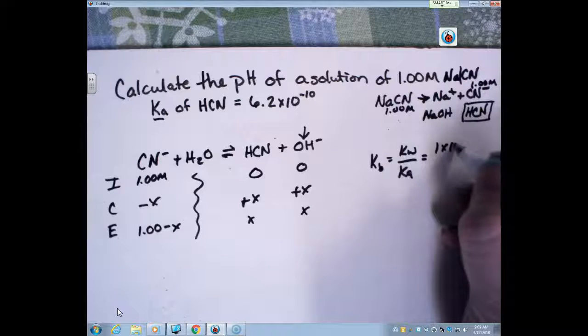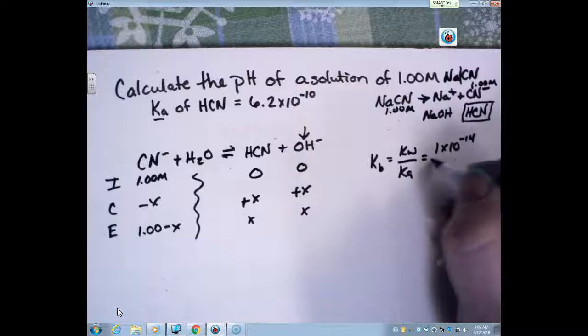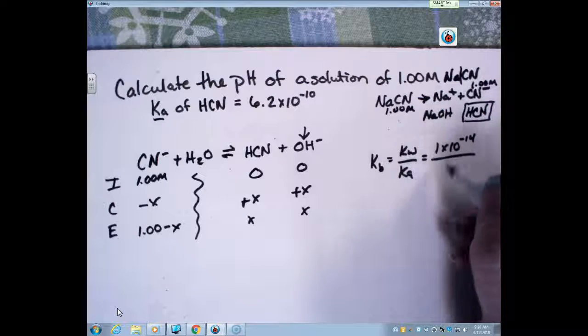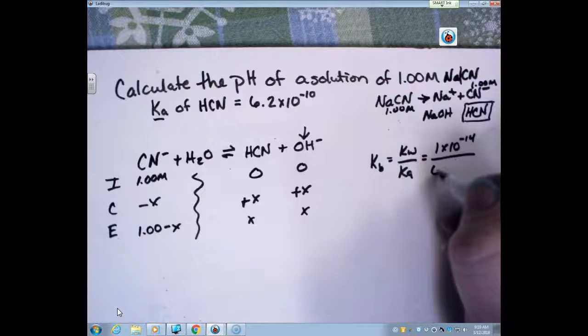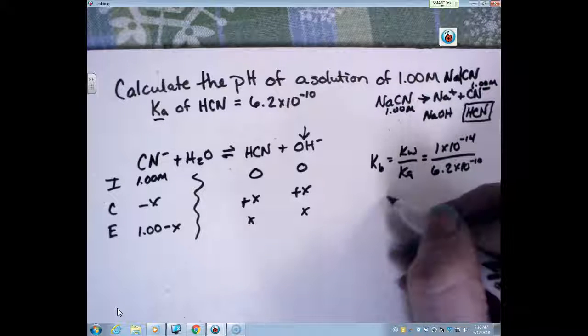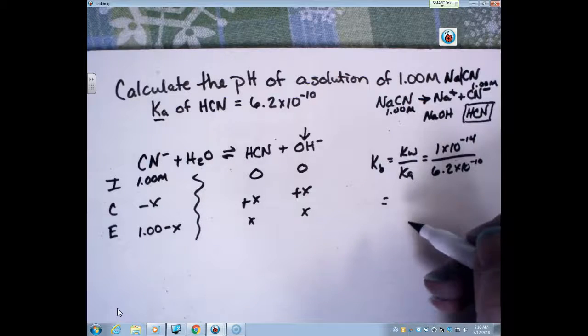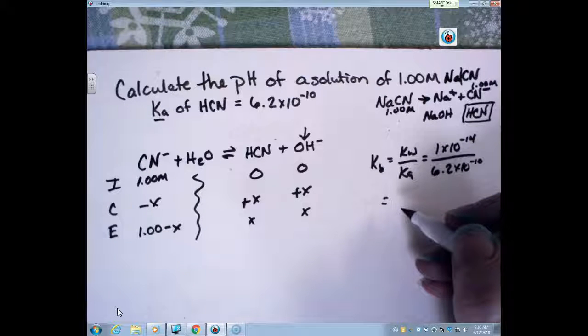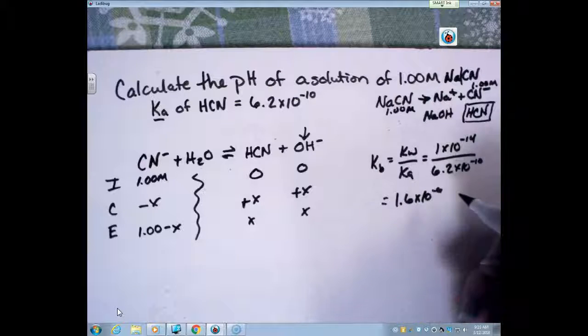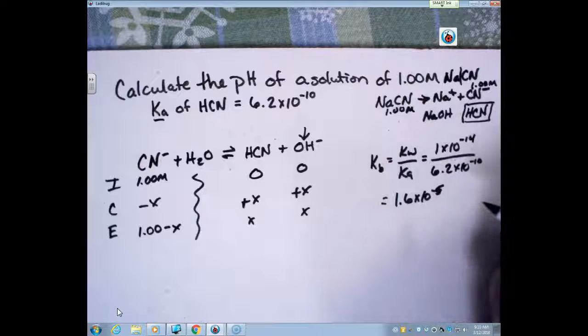So Kw is 1 times 10 to the negative 14 always. That's that water self-ionization constant. And then the Ka they give me is 6.2 times 10 to the negative 10. That gives me a Kb equal to 1.6 times 10 to the negative 5. Oops, 5.